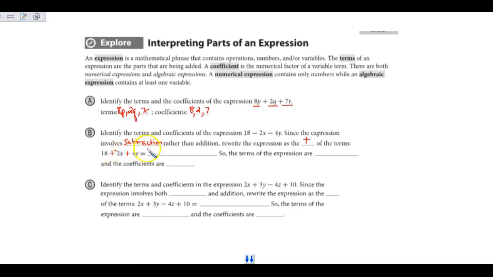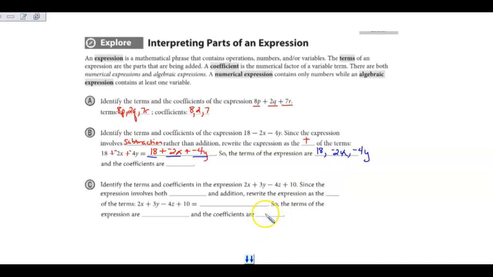Same thing, subtraction would become addition, positive become negative. And so we would rewrite this as 18 plus negative 2x and plus negative 4y. In this case, my terms are 18, negative 2x, and negative 4y.